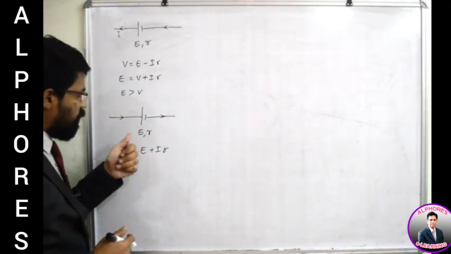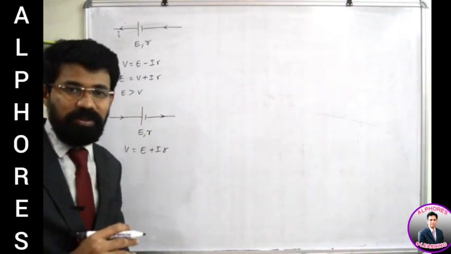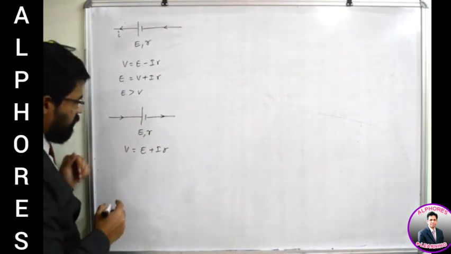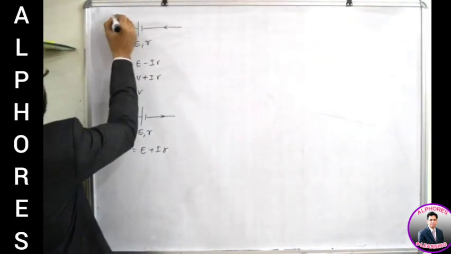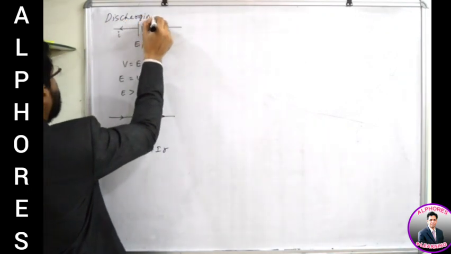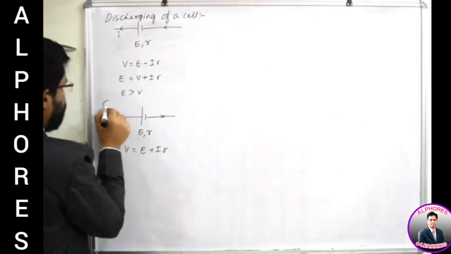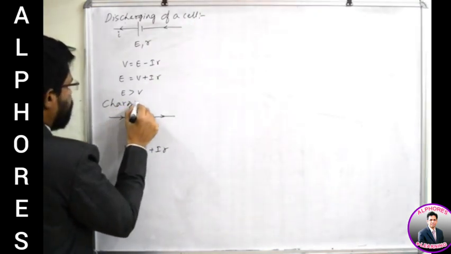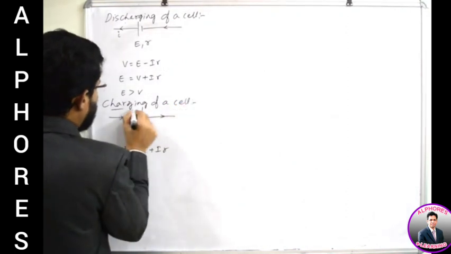Terminal potential is the potential across the electrodes of the cell. Here we have discharging of a cell, and here charging of a cell.